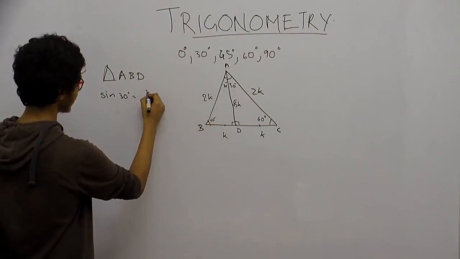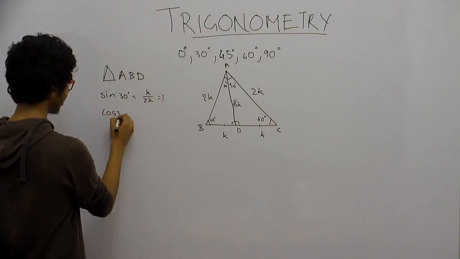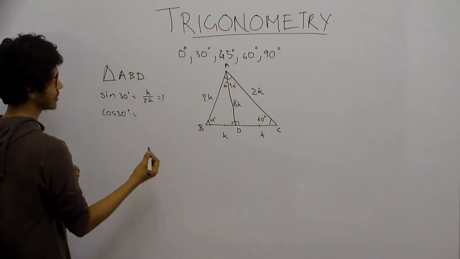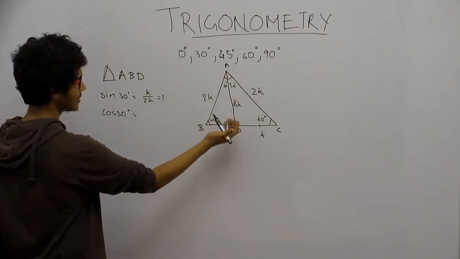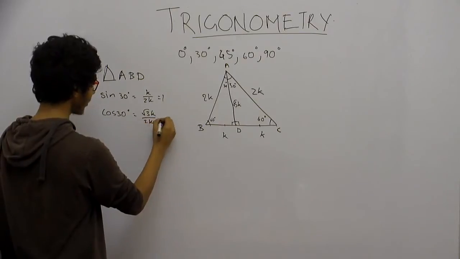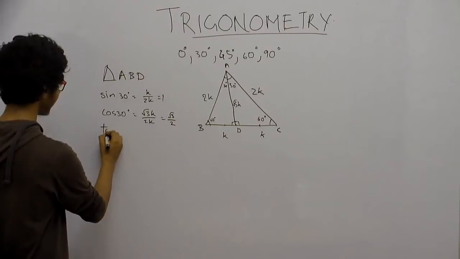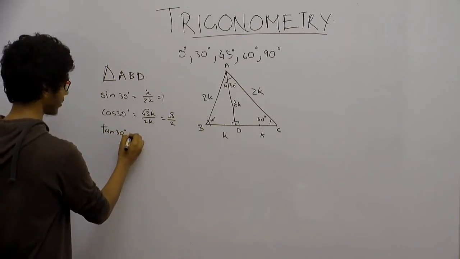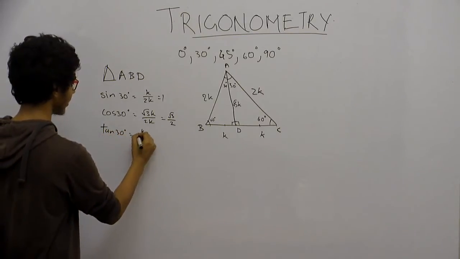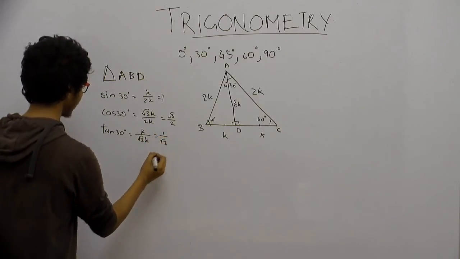So this is K by 2K. This is equals to 1 by 2. Cos 30 degree equals to adjacent by hypotenuse. So we get root 3K by 2K. This is equals to root 3 by 2. And tan 30 degree, we get opposite by adjacent. So we get K by root 3K. This is equals to 1 by root 3.